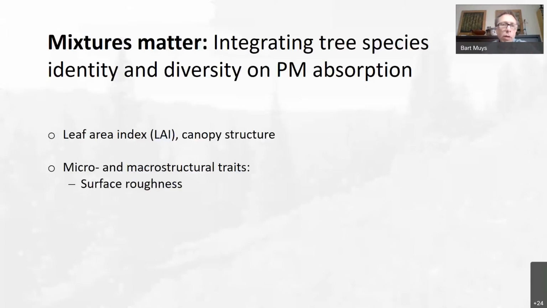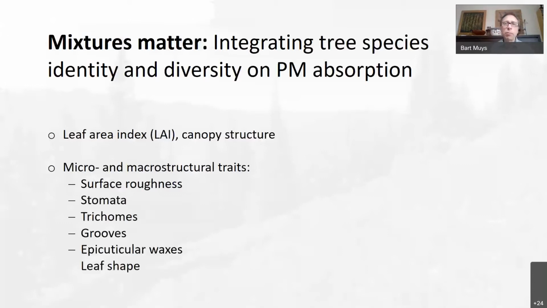The question is now if mixture matters. So if by mixing tree species we can improve the mitigating effect on particulate matter. There's not so much research on that, but what we know for sure is that the three-dimensional structure of trees is really essential to filter particulate matter.